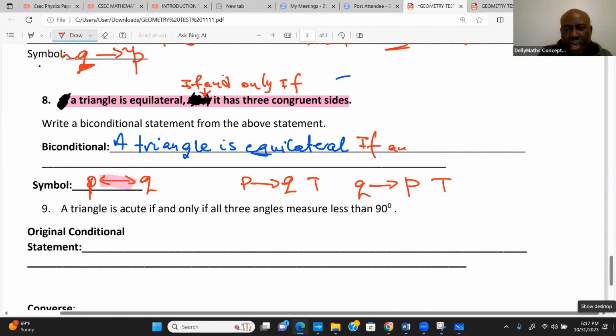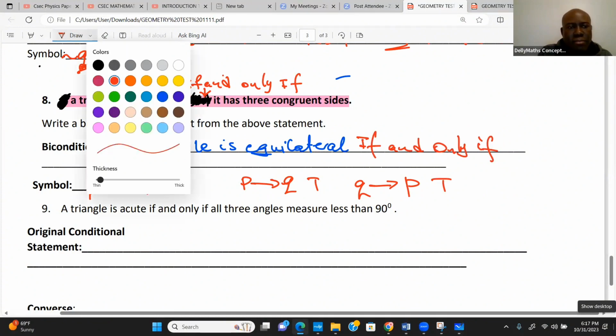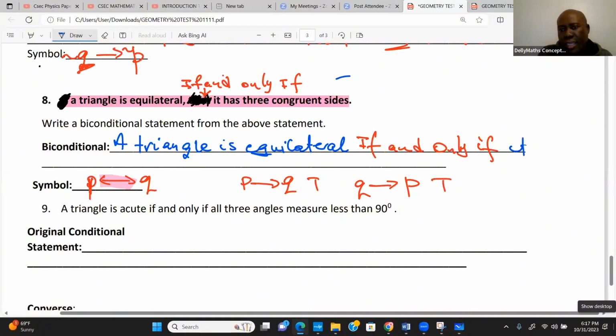If and only if it has 3 congruent sides. So there it is. So a triangle is equilateral if and only if it has 3 congruent sides. That is what we call a biconditional statement.